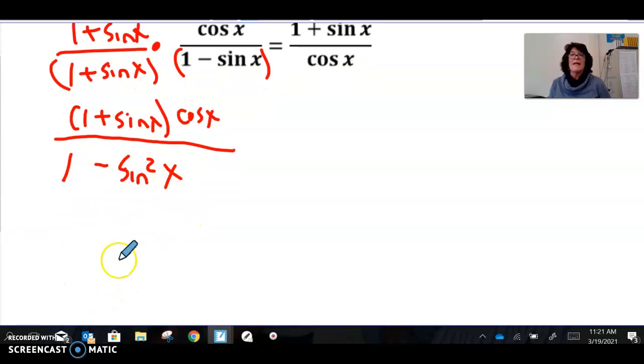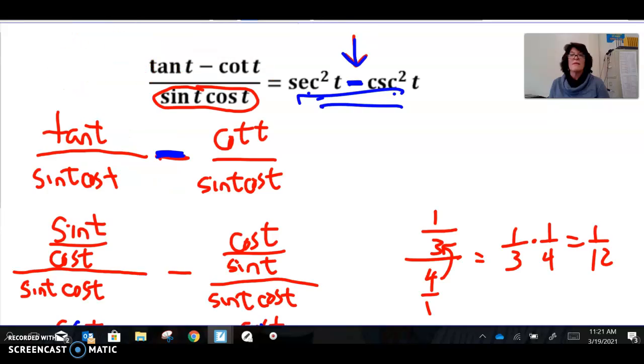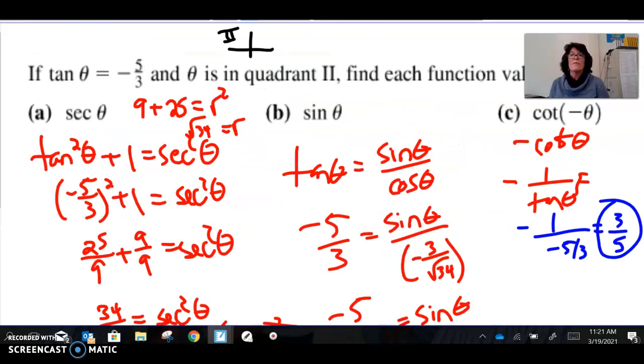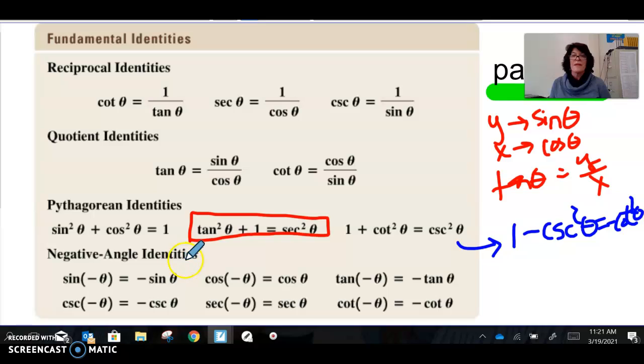Okay, now 1 minus sine squared. I'm remembering something about sine squared, let's go back to our identities. Okay, sine squared plus cosine squared is 1. So if I would subtract sine squared, another way to think of this is cosine squared equals 1 minus sine squared.